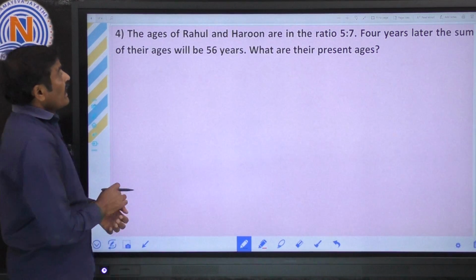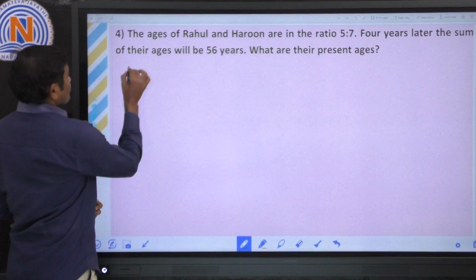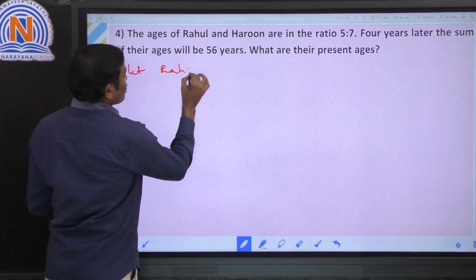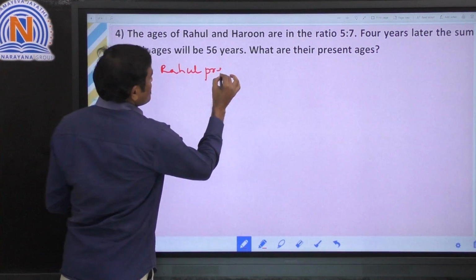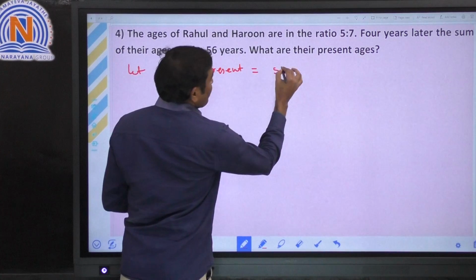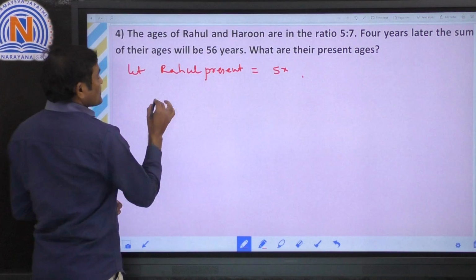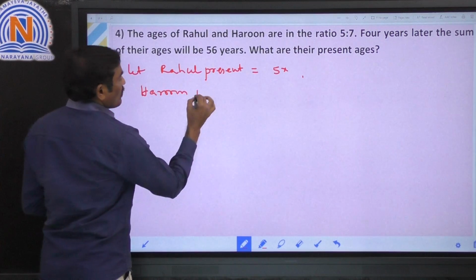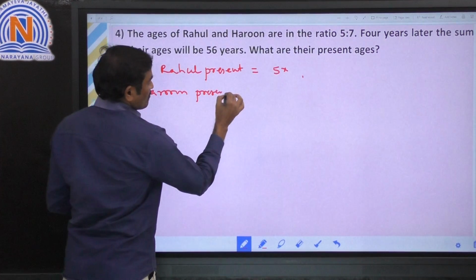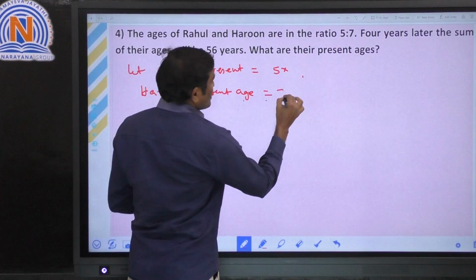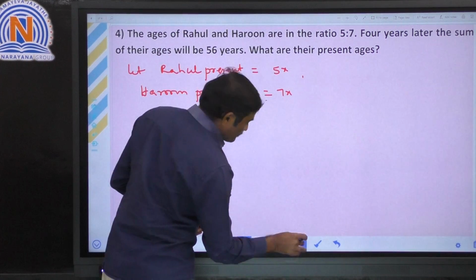Here see, let Rahul's present age be 5x, and another person, Harun's present age, be 7x years.